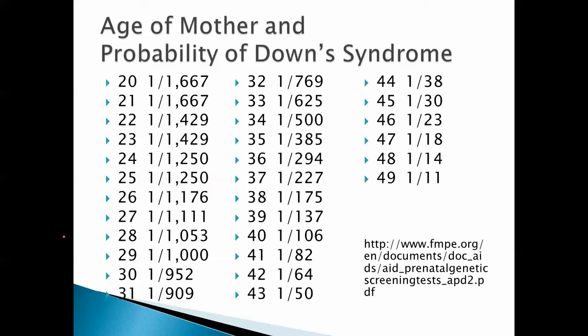By the time she's 29 years old, there's a 1 in 1,000 chance that a baby born to her will have Down syndrome. By the time she's 35, it rises to 1 in 385. By the time she's 40, it's about a 1% chance, 1 out of 106. By the time she's 47 years old, there's a 1 in 18 chance. And if she's 49 years old, there's a 1 in 11 chance that a baby born to her will have Down syndrome.